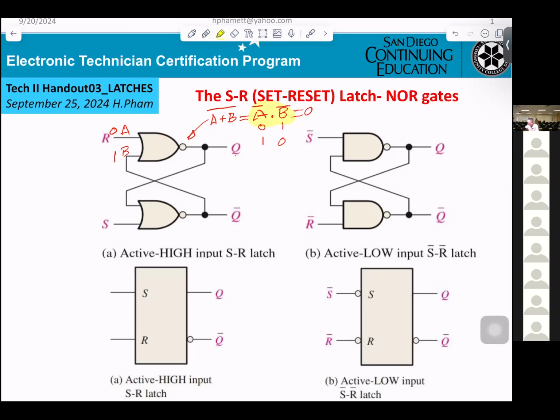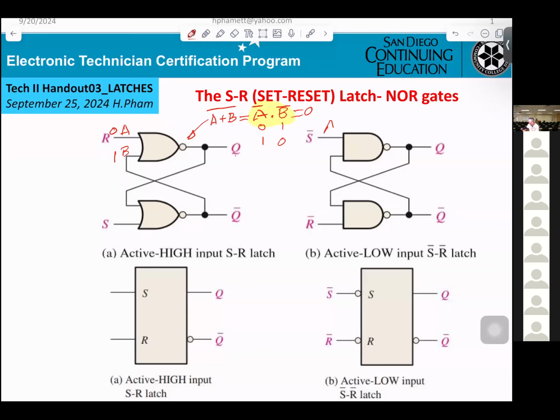And now you get another one. This is a NAND gate. We already went through it. I'm going back without the bubble, it will be an AND.